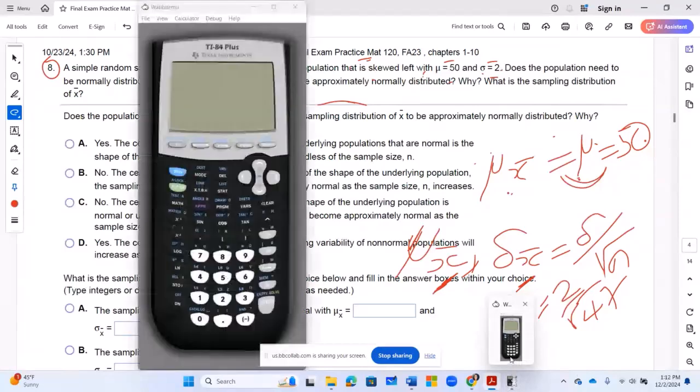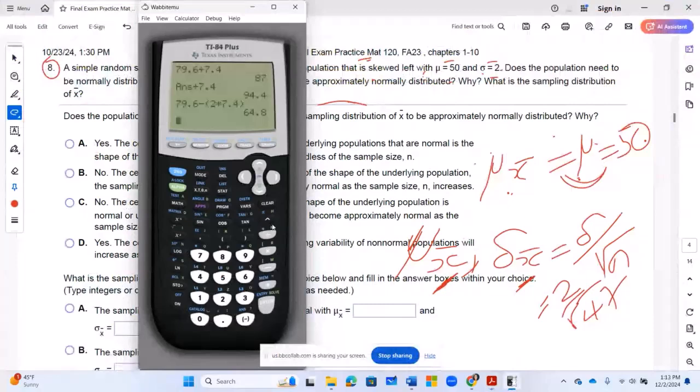So I am going to get my calculator and find the standard error. That is 2 divided by the square root of 47.